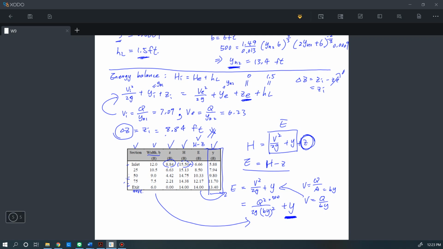Then we just need to plot the elevation Z and the flow depth together to be able to calculate the profile for the water surface.